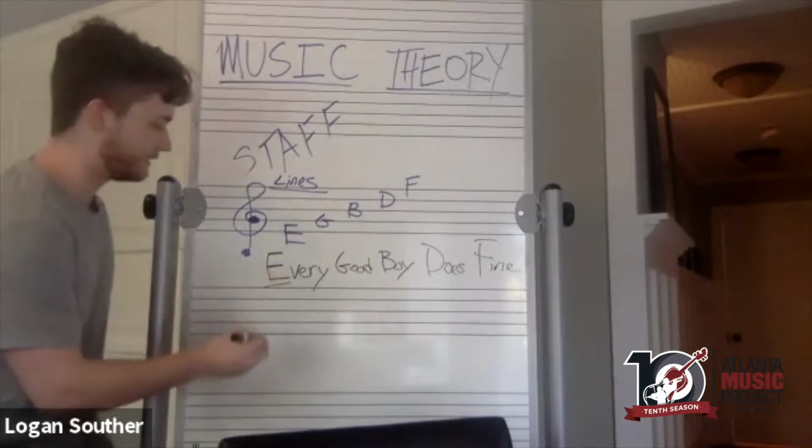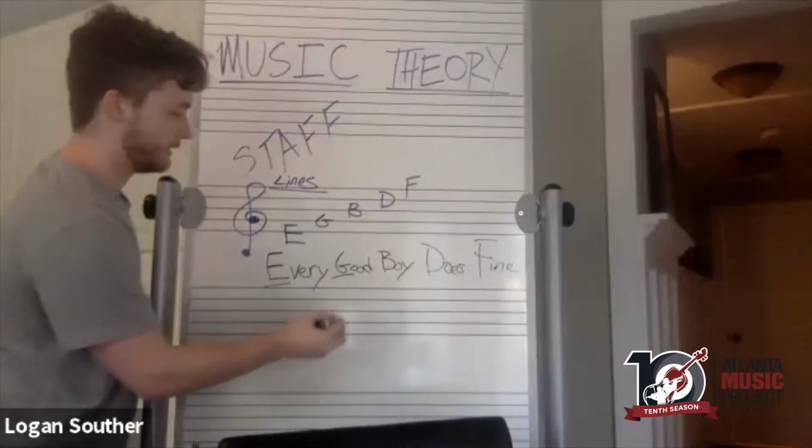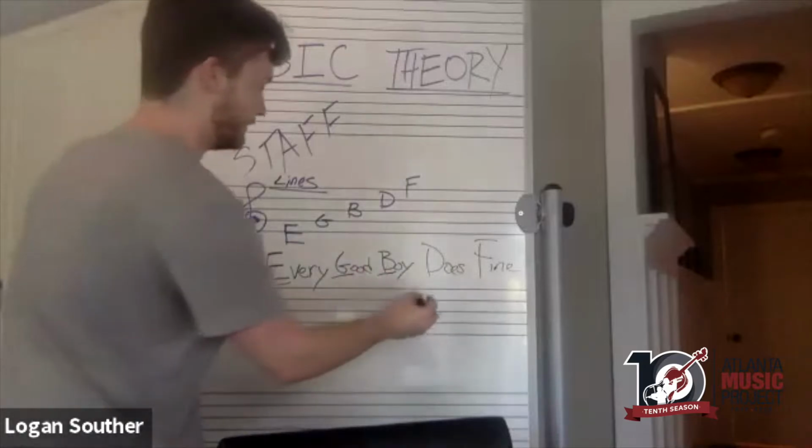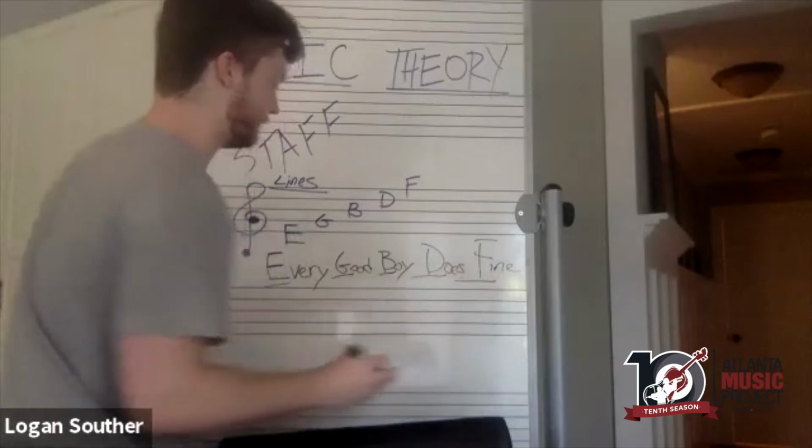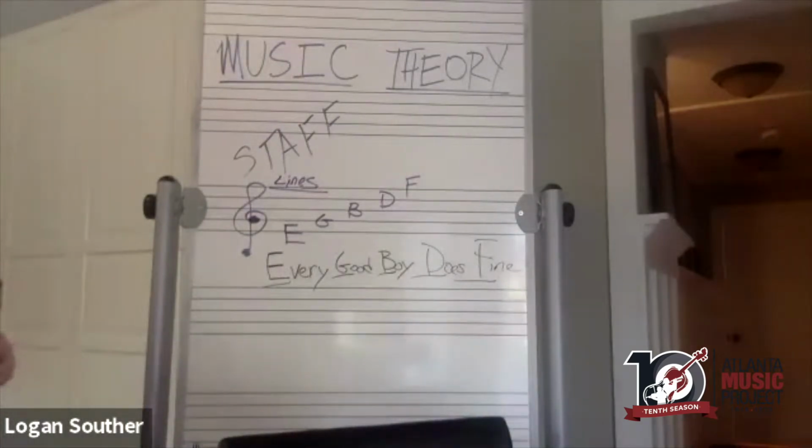So we have E, the first line, G, the second line, B, the third line, D, the fourth line, and F on the top line, the fifth line in treble clef. Every Good Boy Does Fine.